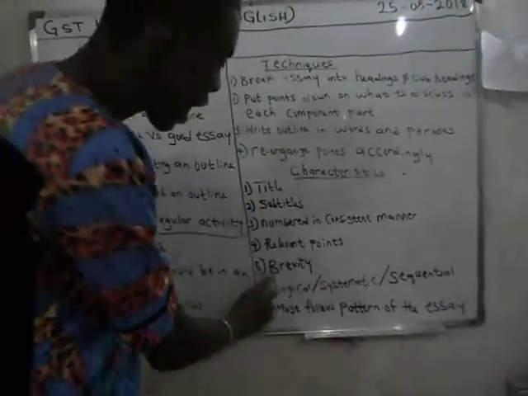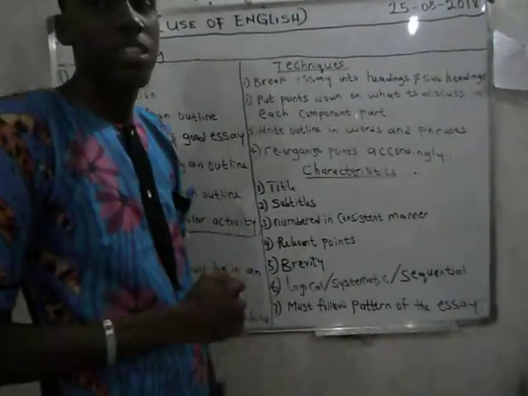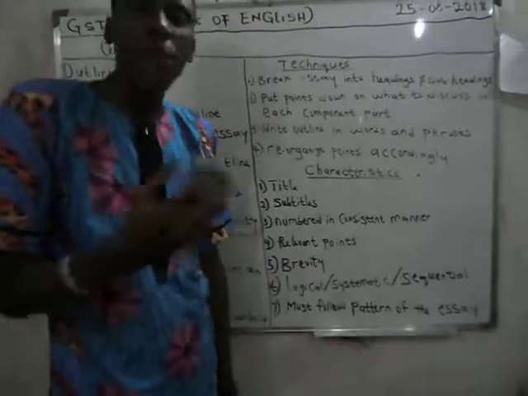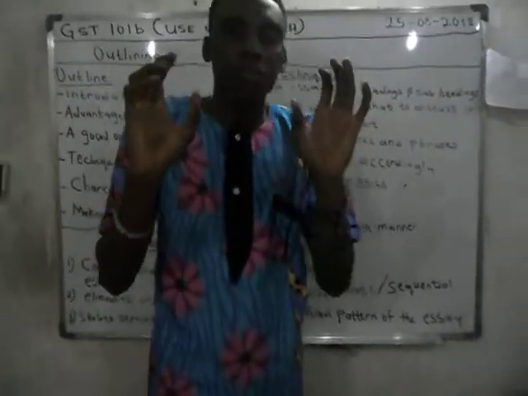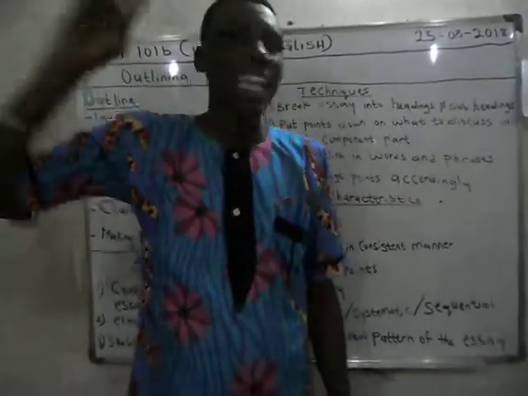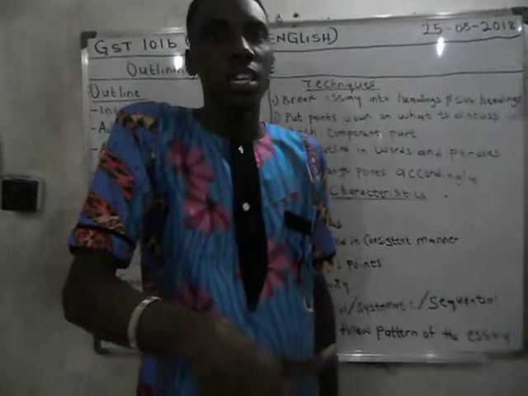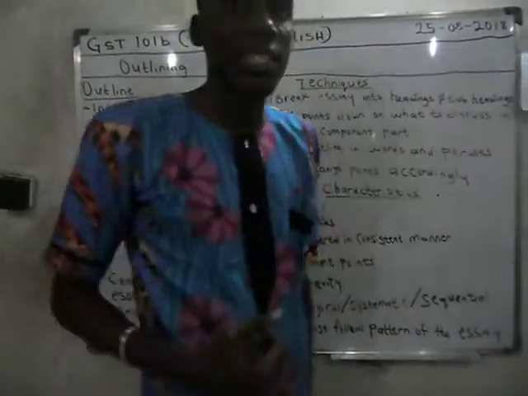When relevant points are omitted, that means your outline will be faulty. Another characteristic of an outline is brevity. When they talk of brevity, brevity means the ability of being brief. In an outline, you don't tell stories. An outline is not the essay, but it is what can give birth to the essay.